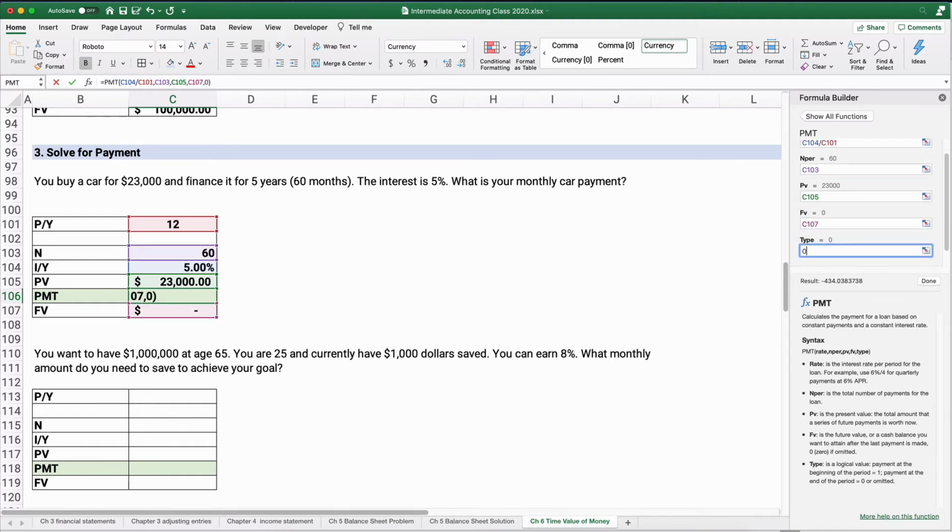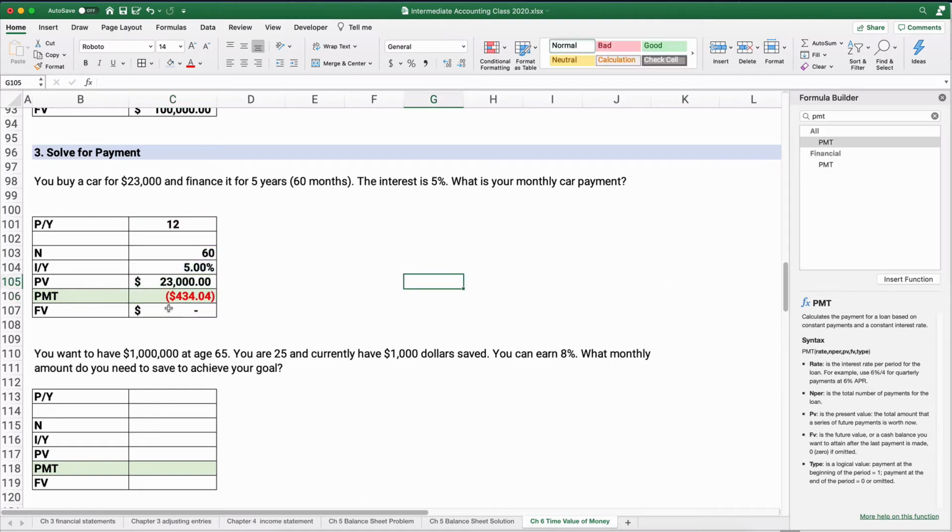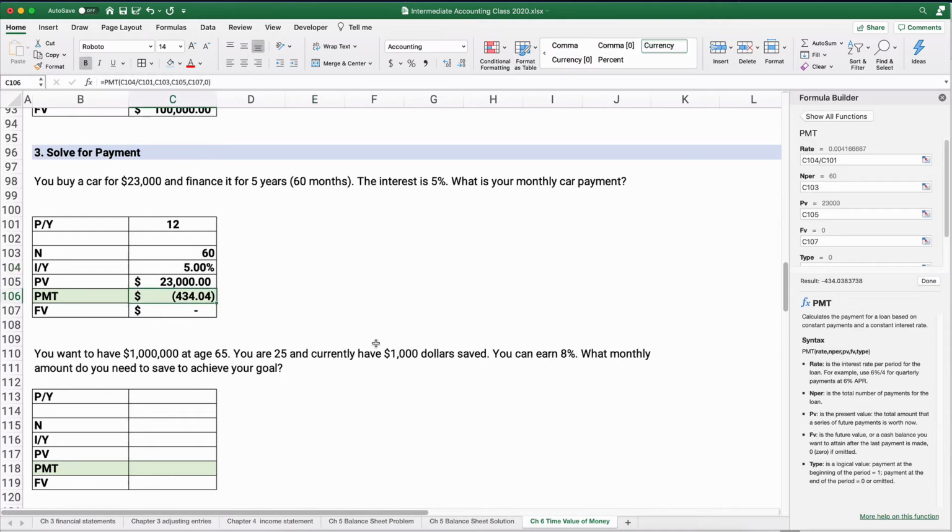And the payments happen at the end of the period. So what is our car payment? Our car payment is $434. It's going to be negative because we're going to make that payment every month. So you've borrowed $23,000, paying it over 60 months at an interest rate of 5%. Here is your car payment, $434 per month.